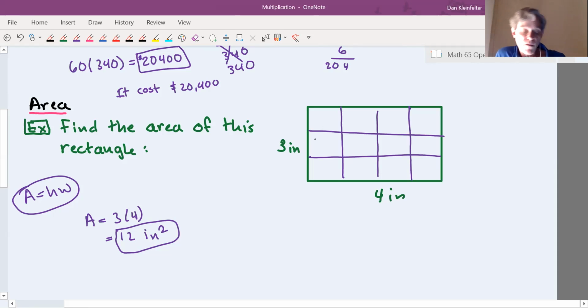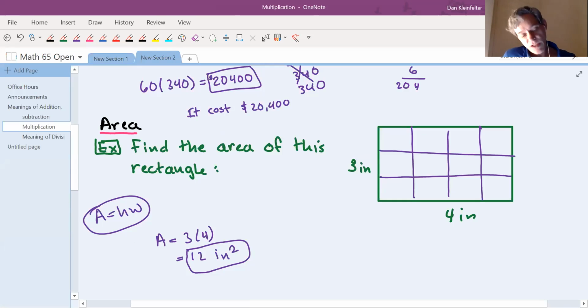And so if we want to figure out how many squares there are, nobody wants to see me go 1, 2, 3, 4, all the way up to 12, right? You say, okay, well, there's 4 in the first row, 4 in the second row, 4 in the third row. That's 4 plus 4 plus 4, which of course is the same as 3 times 4. So in a way, when we say height times width for the area of a rectangle, we're counting up rows of squares. Okay, and so again, that is going to be repeated addition.